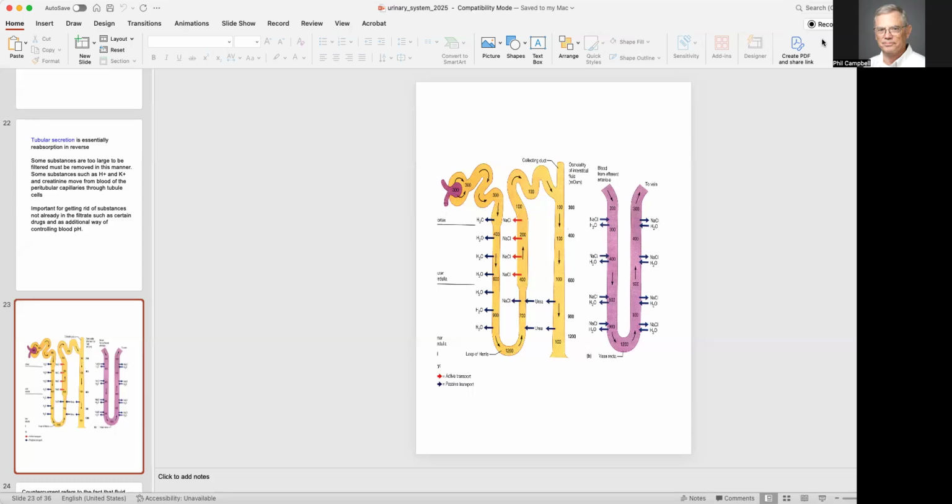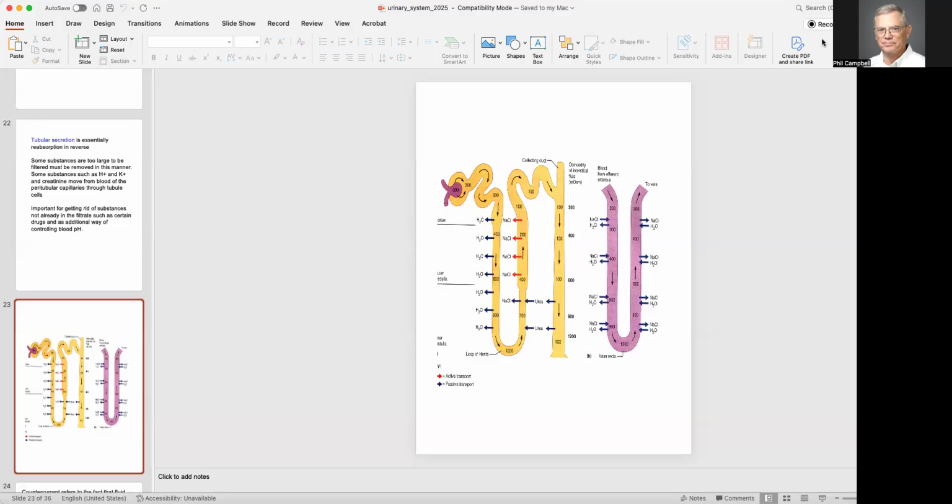So remember, this is laying over here. So in this descending part of the loop of Henle, that corresponds to the descending loop of the vasa recta. So note that during that, we have an increased salt concentration. So salt is going into here, and water is leaving because it's normally at 300 milliosmoles, just like over here.